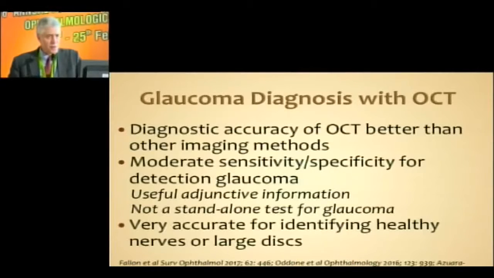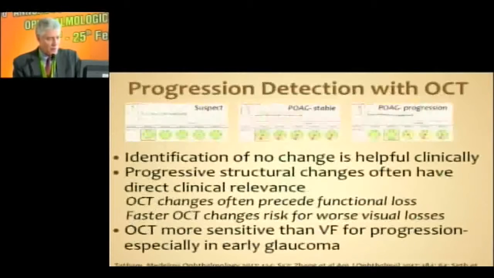So in this sense, it's fairly useful because there are many patients who are suspicious for glaucoma for a variety of reasons, and if they have a truly normal nerve fiber layer, that's helpful in identifying healthy nerve tissue. And I'll be showing examples of this as we go along, but really the more important application for it has been progression detection, and that seems to be its strength.